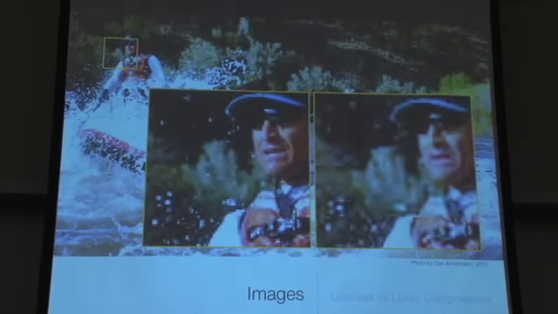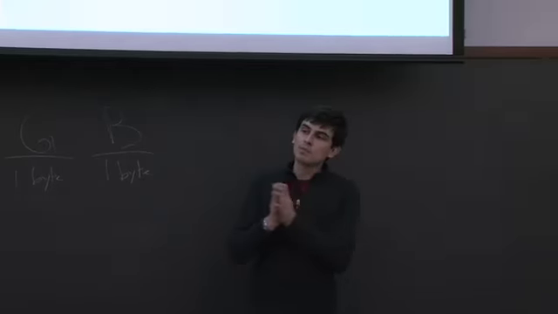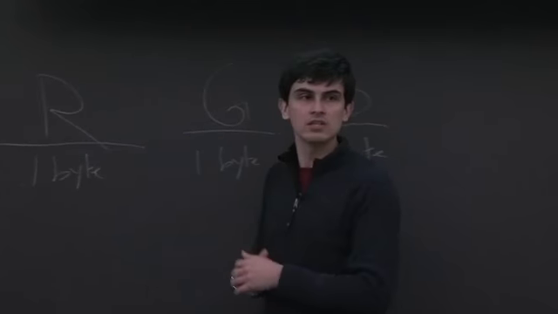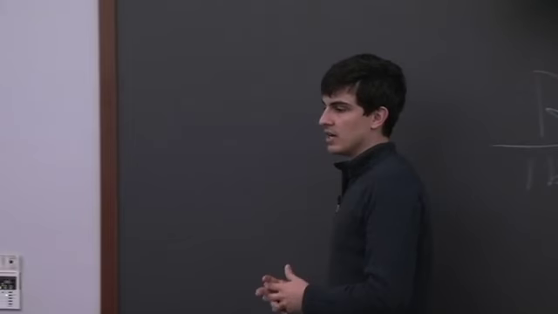The block right here, directly to the left of the bill of the hat, is a block where they've just thrown out the color, because the compressor itself has detected that most likely people aren't going to see color in this region quite as well as they might in other regions.